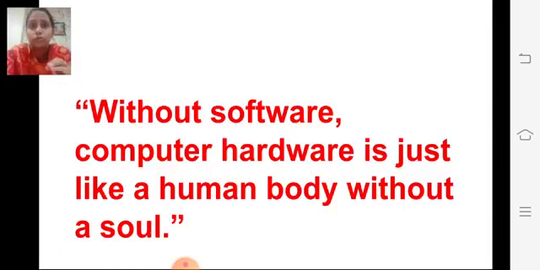So we need both. We need hardware also, we need software also. Got it children? I hope you all understood hardware and software, and today's video specially software. Two types of software: application software and system software. In the system software there is an operating system, and in the application software, different apps.